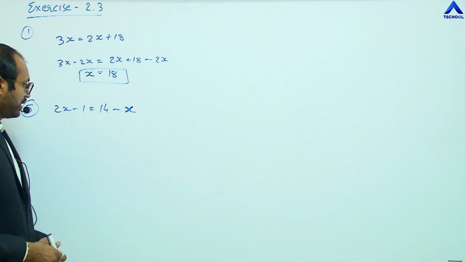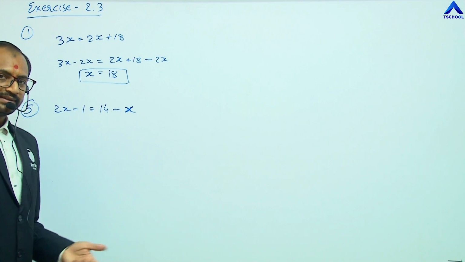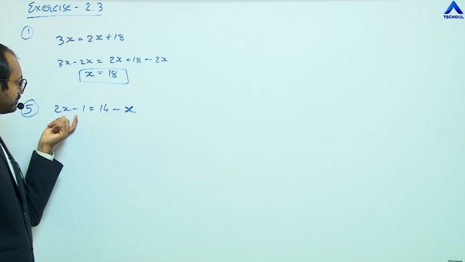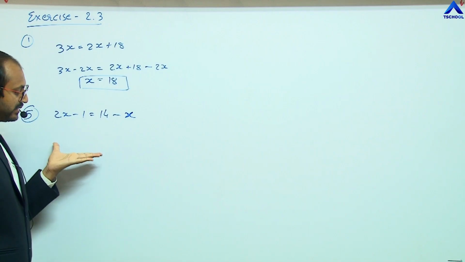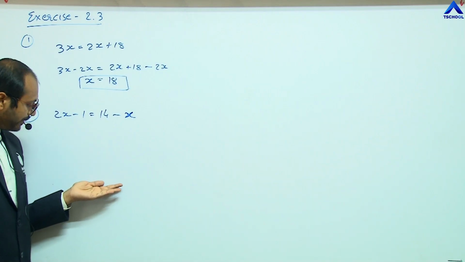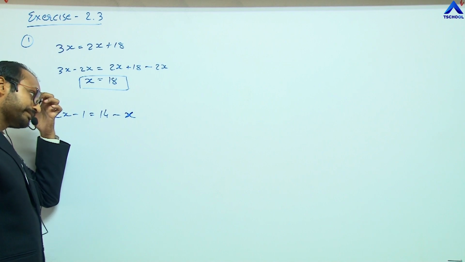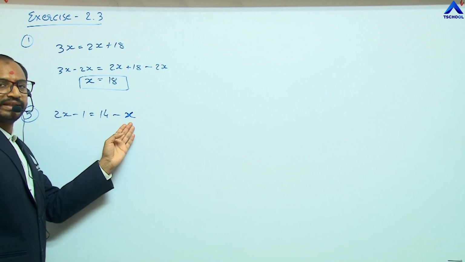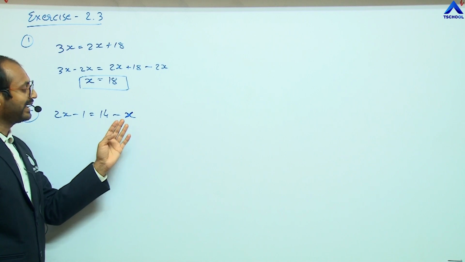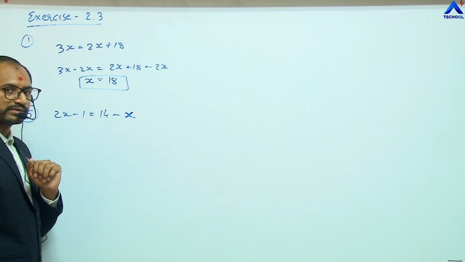So how can we simplify the same? This is the problem which we discussed a few minutes ago. Here we have to remove this x because x is a variable on both sides.